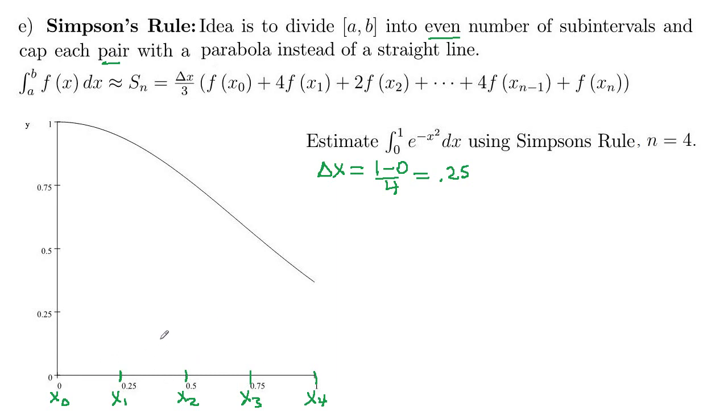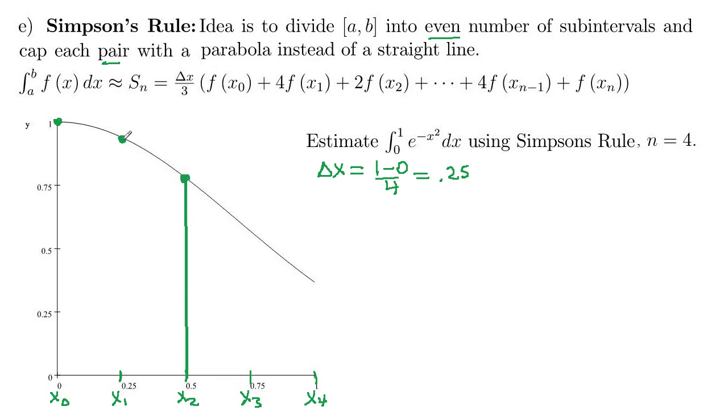So this first pair of subintervals, we're going to take that and cap it off with part of a parabola. So above the point 0, we've got a point on the graph here. Above 0.25, we've got a point on the graph about right there. And then above 0.5, we've got a point on the graph right there.